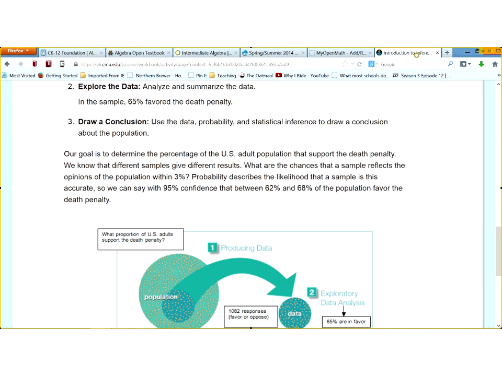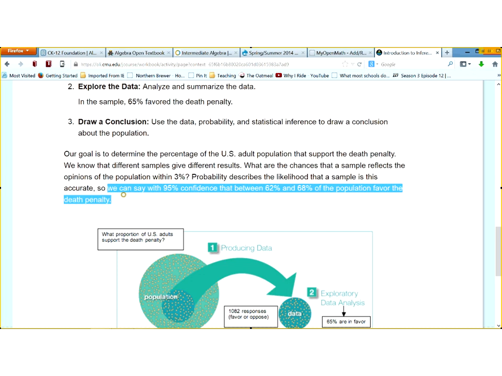So we can say with 95% confidence that between 62% and 68% of the population favored the death penalty. So it's possible that the population proportion is outside of that range, but not extremely likely. It's most likely that the population proportion is within that range.